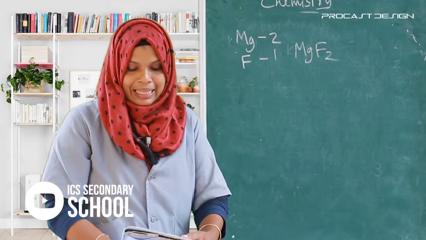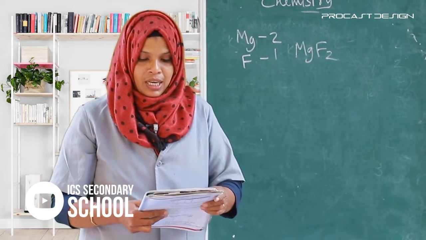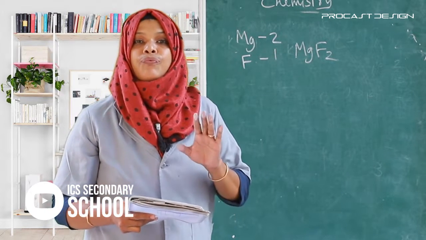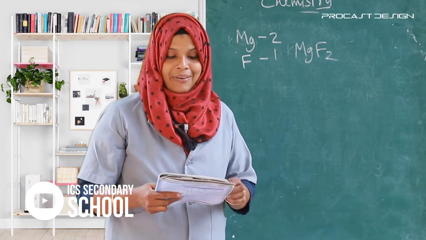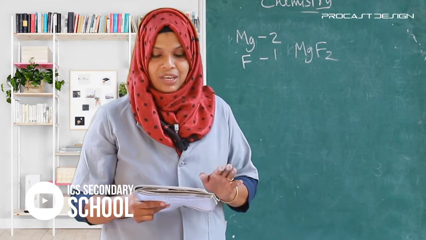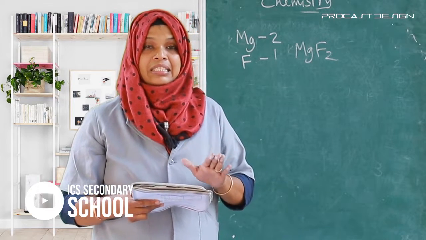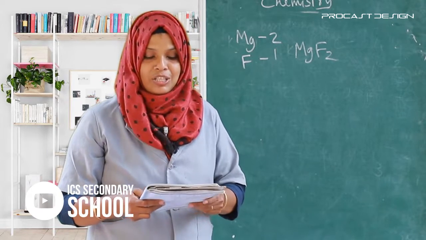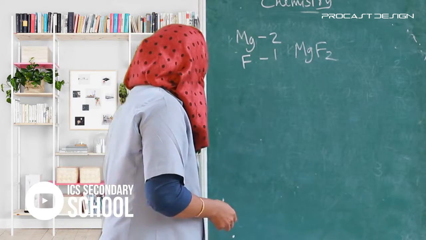Next one is page number 40. Some elements and their valencies are given. Using these, write the chemical formula of 4 compounds.